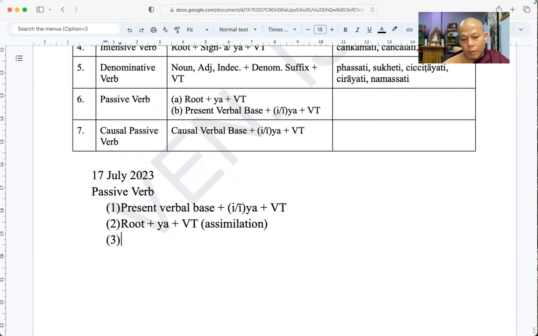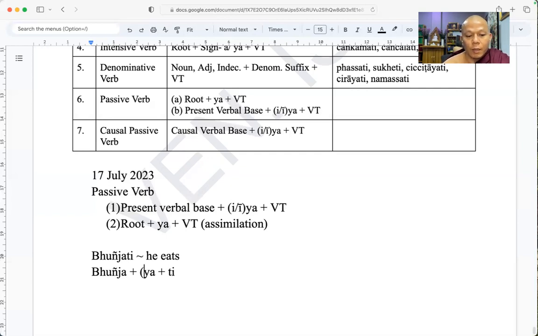Now, for example, the verb bhuñjati. We already know the verb bhuñjati, root bhuj, means he eats. Now we take the bhuñja base, and then the passive suffix "ya" and then the ending.